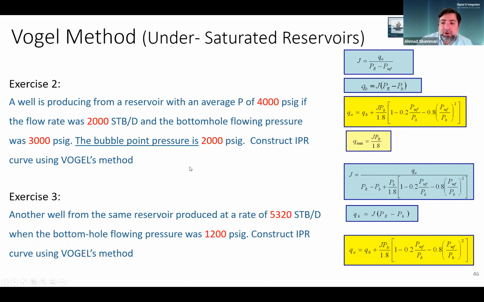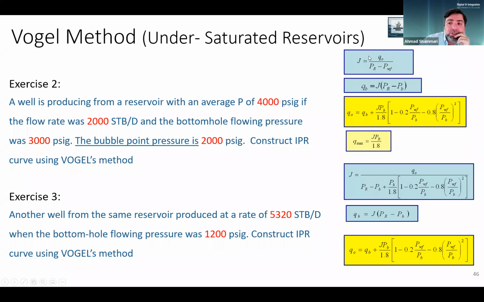It's a different reservoir, because the bubble point pressure is 2,000. This is the reservoir pressure, this is the flow rate, and this is the flowing bottom pressure. How do you construct the IPR curve using the Vogel method?